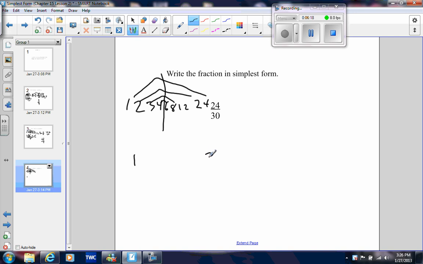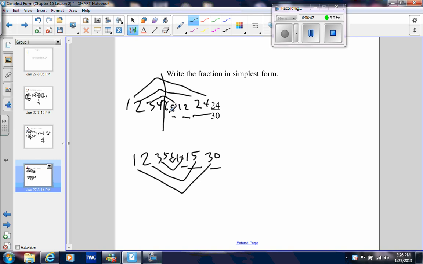1 and 30, 2 and 15, 3 and 10, and 5 and 6. All right, so I start looking at common factors: 24, 30, 15, 12, 10, 8, 6.